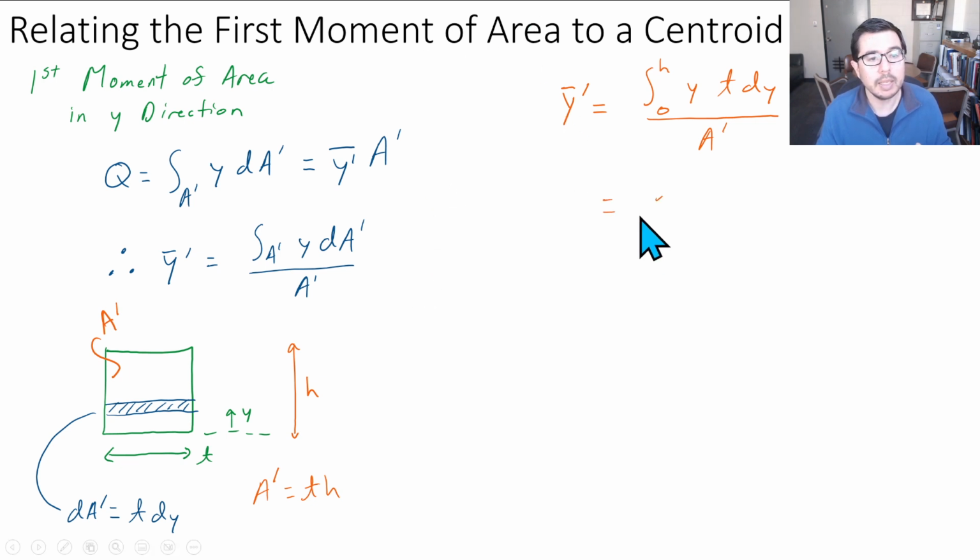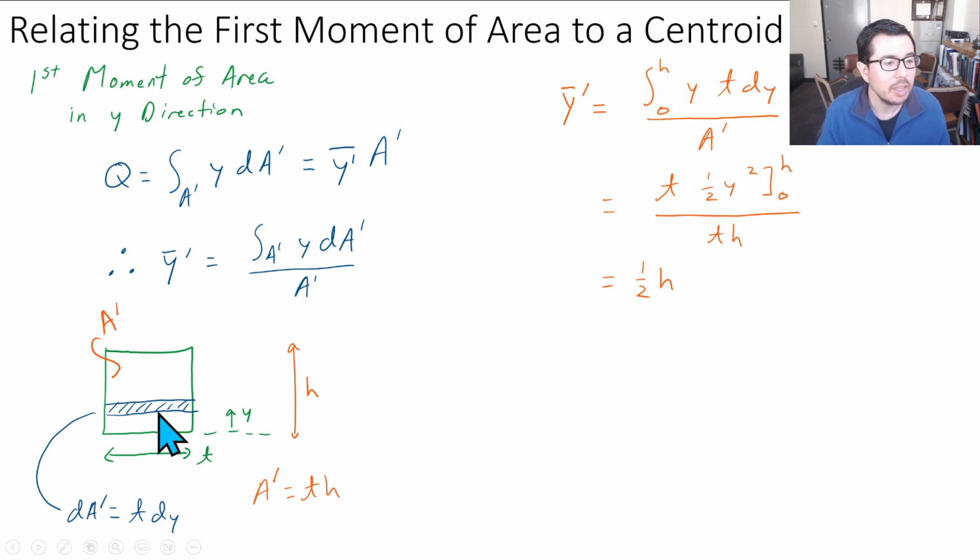But what's neat here is if we do the math, so we perform this integral and substitute in the t h for the A prime, we get that y bar prime is equal to half the height. This is not a proof, but it demonstrates some common sense with this equation: that the centroid is halfway up this rectangle.